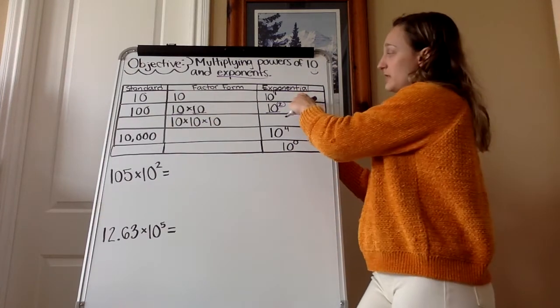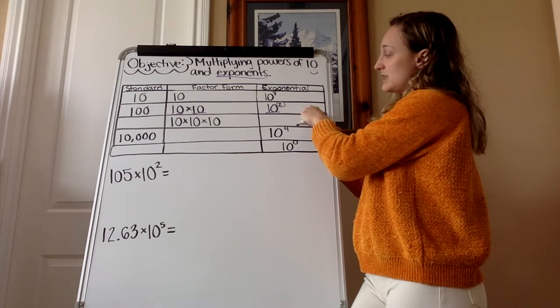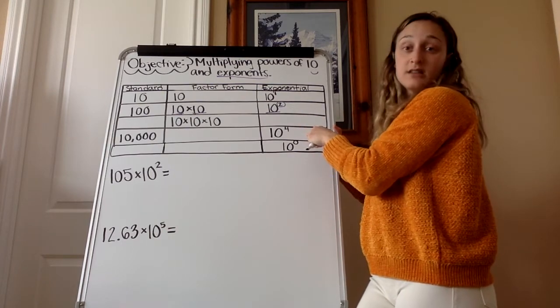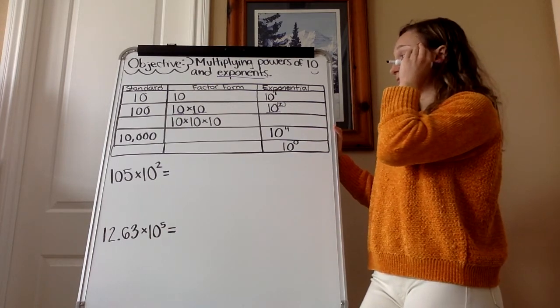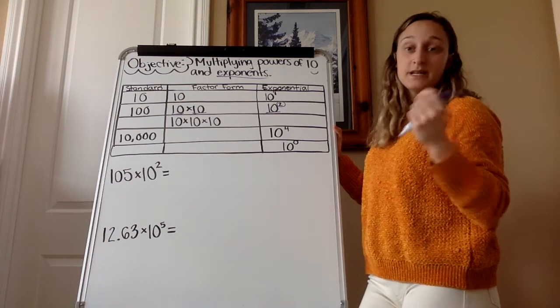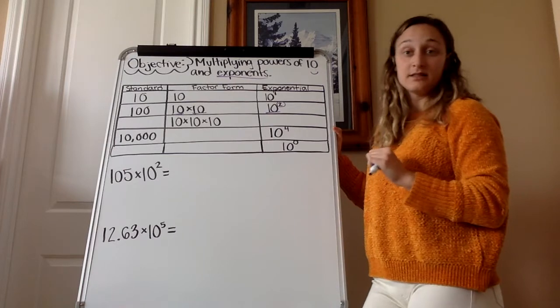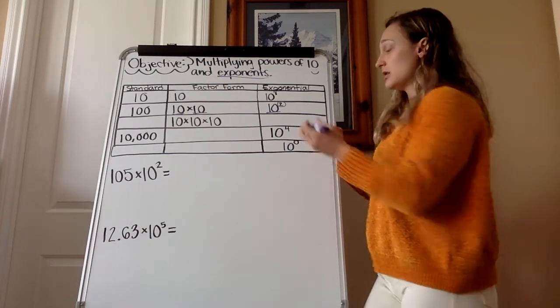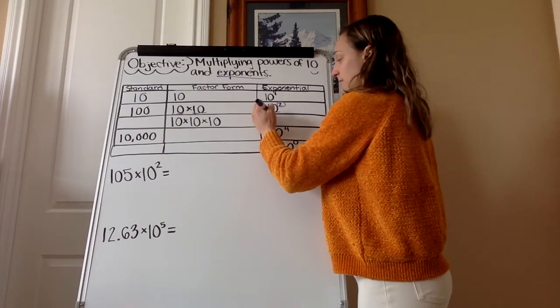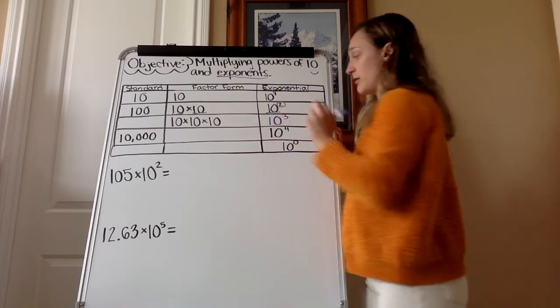So going off this pattern, we've got 10 to the first, 10 to the second, blank, 10 to the fourth. And in my head, based on the pattern, and also based on the fact that there are 3 10s being multiplied here, this should say 10 to the third power.